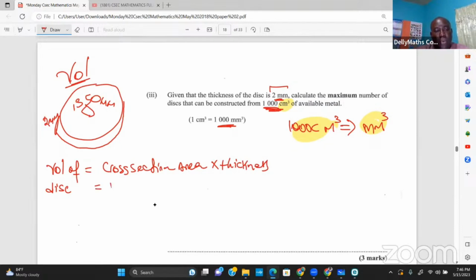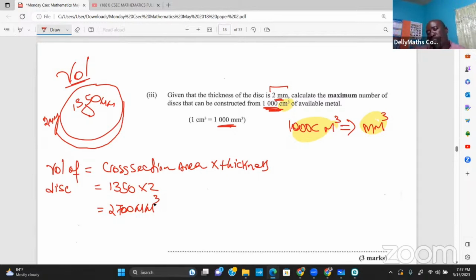So we're talking about 1350 times 2, and this is about 2,700 millimeter cube. So you see that? The disk is 2,700 millimeter cube.